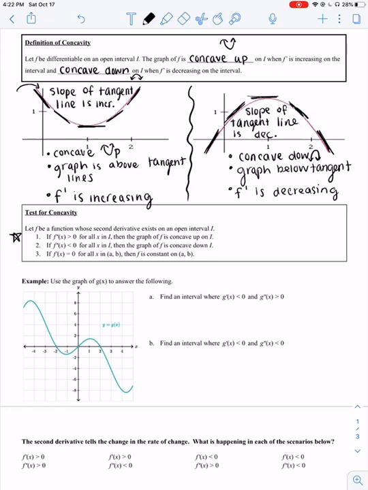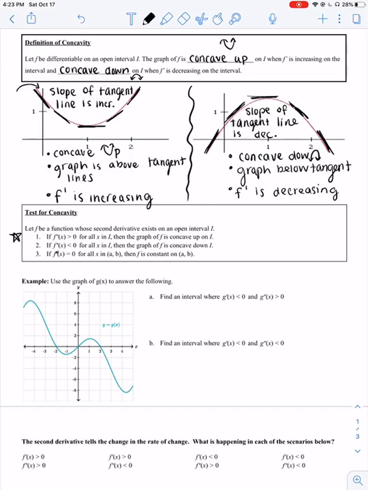If your second derivative is negative for all x in the interval, then the graph of f is concave down.